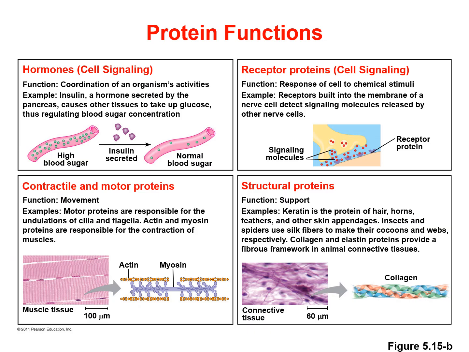So here are just some of the functions that the cells will use proteins for. For example, one big function that proteins do is cell signaling. A lot of our hormones are made out of proteins.